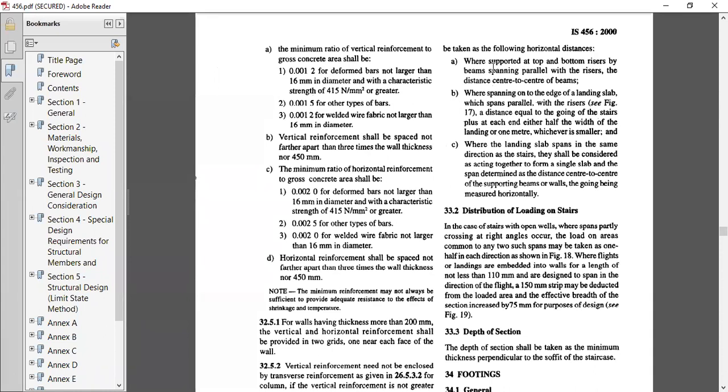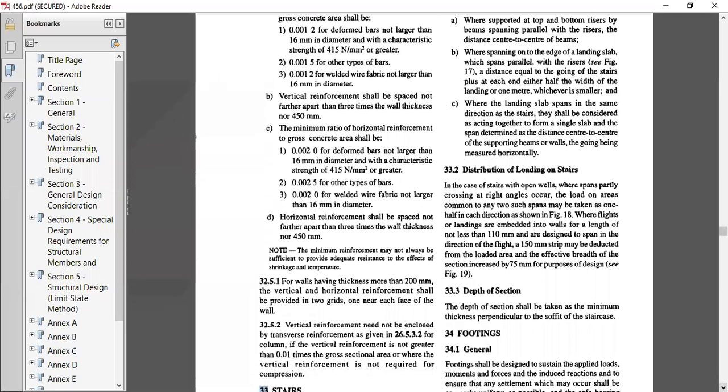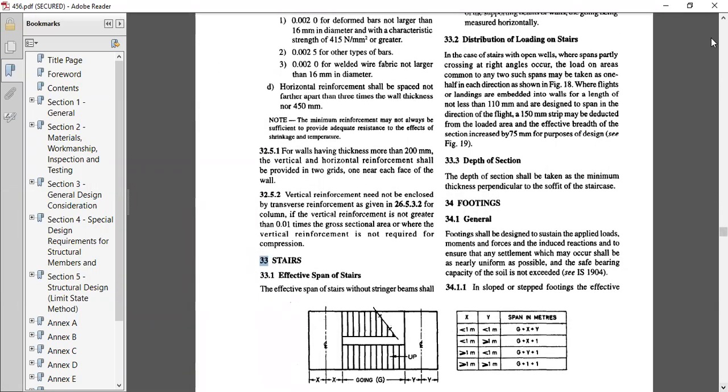First is where supported at top and bottom risers by the beams spanning parallel with the risers, the distance center to center of the beams. Did you understand anything? Okay, so what does it mean? We are trying to find out the effective span. So what do we have to consider as the effective span?